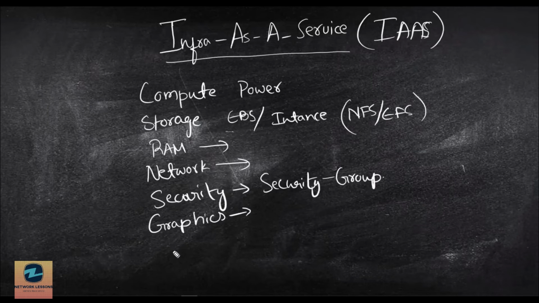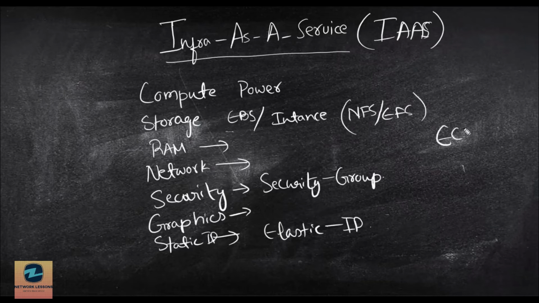And you can also have static IPs, which are called elastic IPs in case of AWS. So you can have all these on the EC2 instance as well. This is something that you get on physical on-premises servers, and you will get the same type of services here as well.